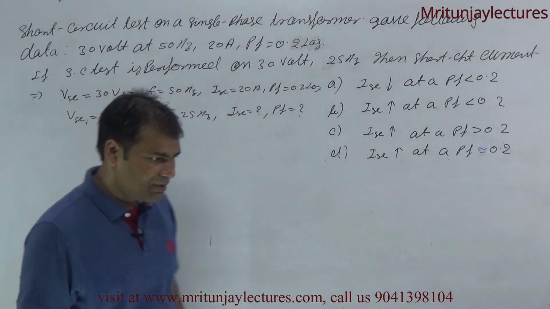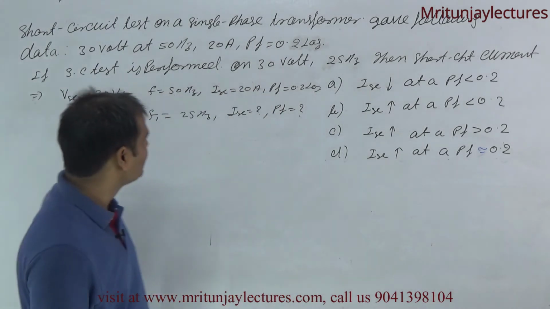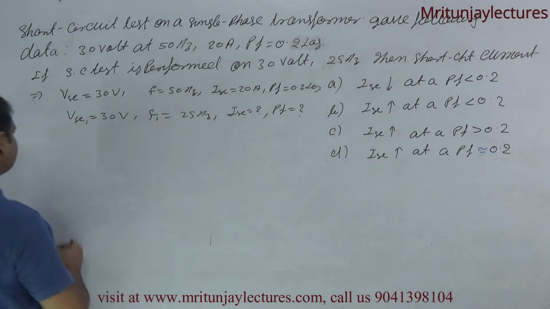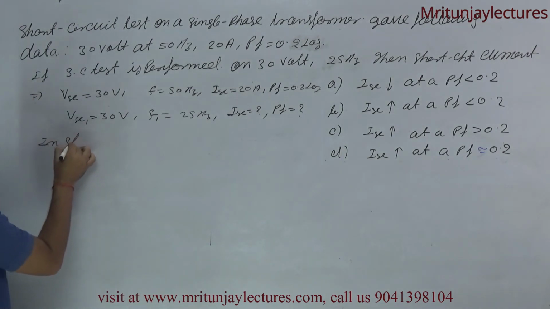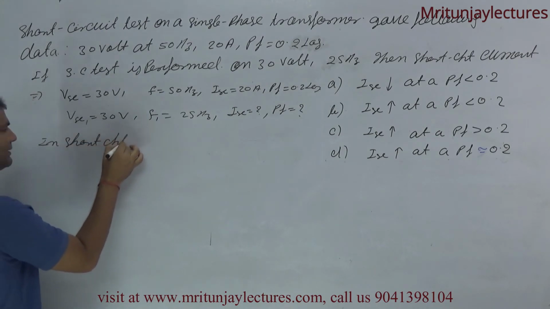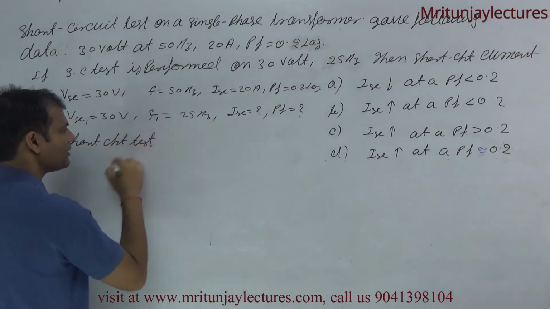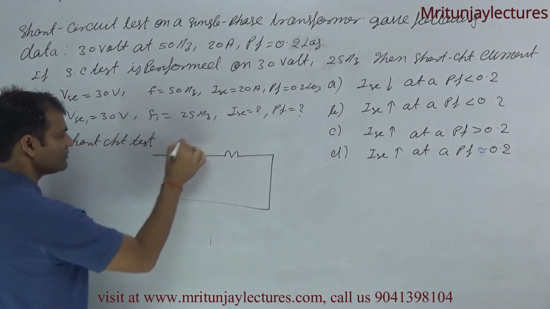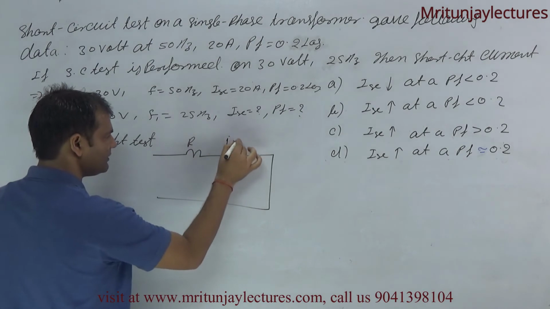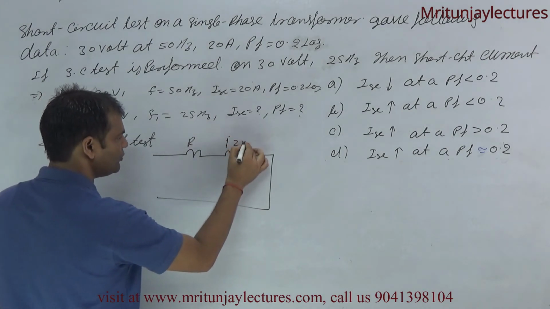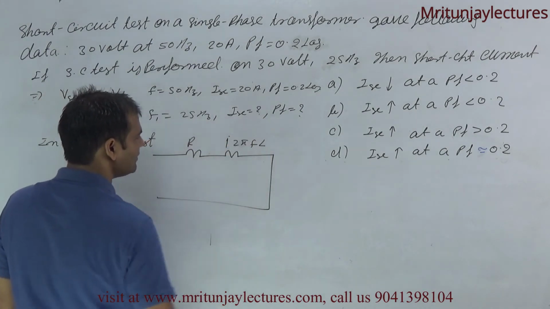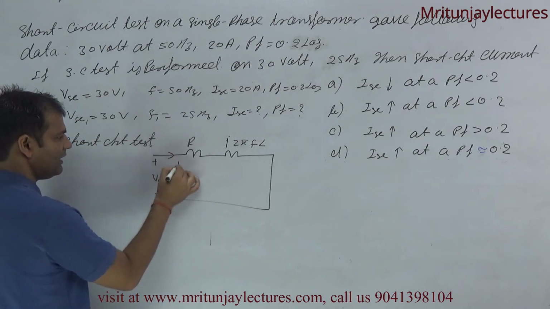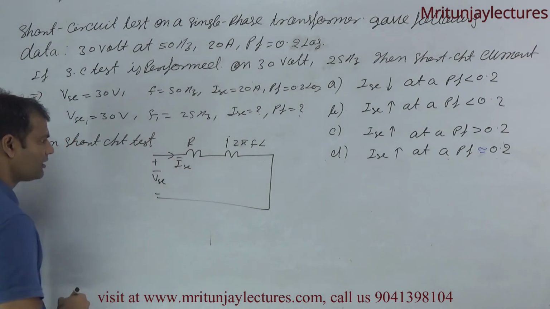Now first of all, in the short circuit test, we have resistance R and inductance, X equal to 2 pi F into L, and here VSC and ISC. Clear?